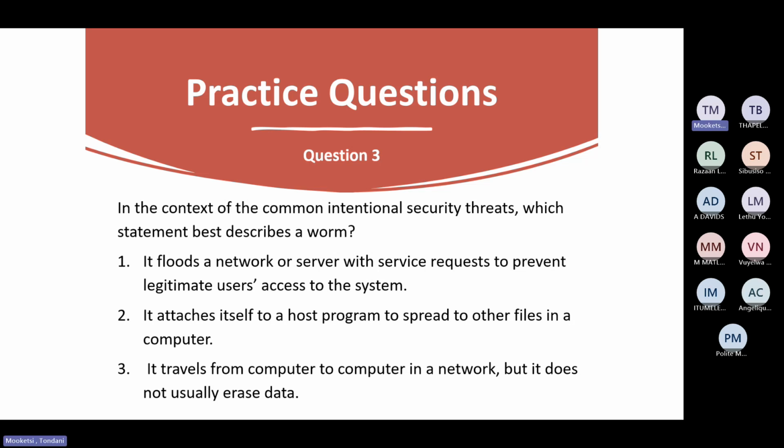Yes, Wusiso is saying 3. I agree with you, Wusiso. It travels from computer to computer in a network, but does not usually erase the data.